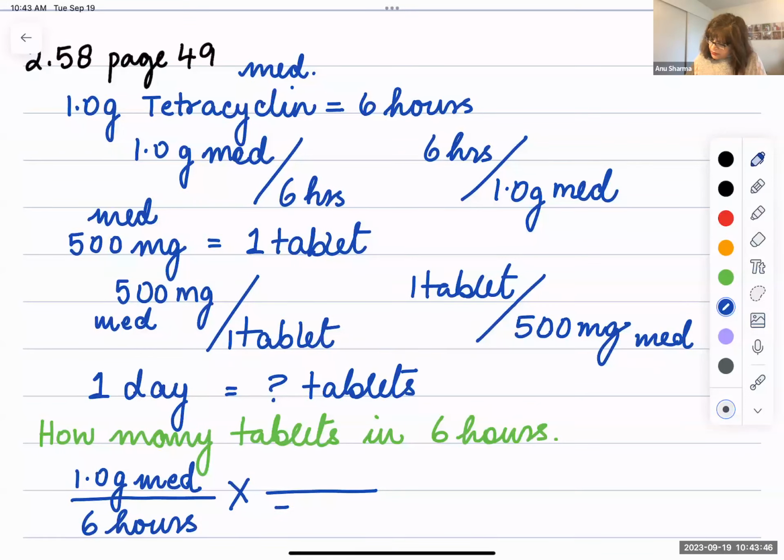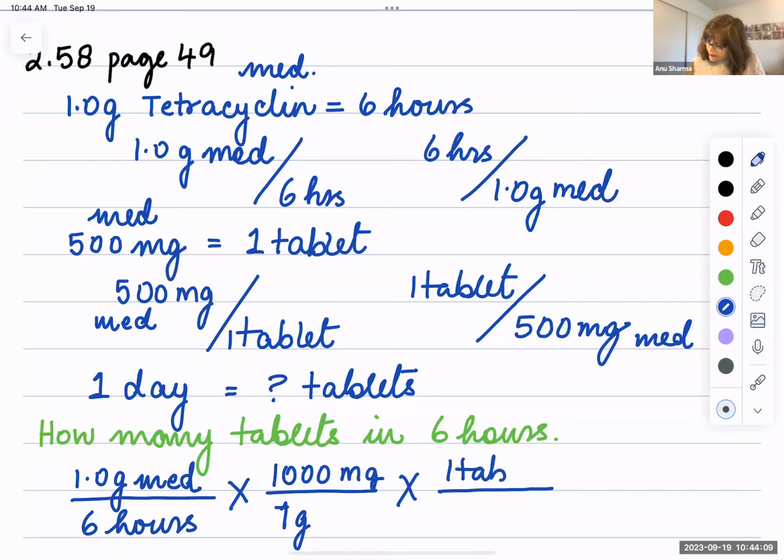Convert the grams to milligrams first so that the units can talk to each other. So 1 gram is equal to 1000 milligrams, and then we have 1 tablet per 500 milligrams.